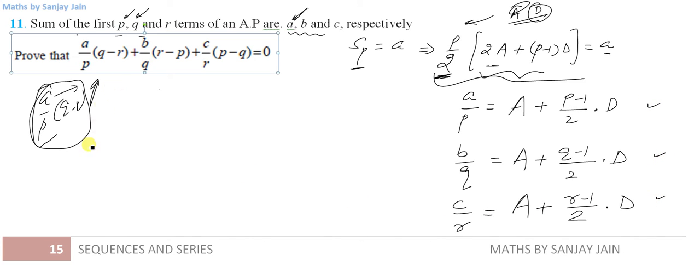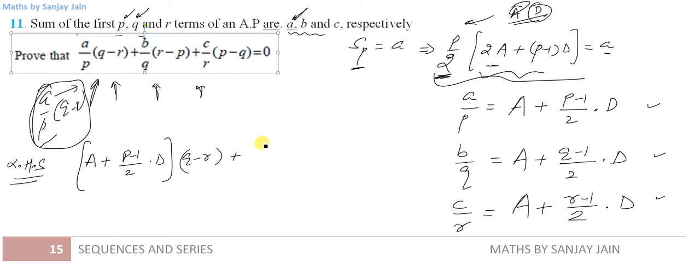What I am going to do is place the value of A by P here, B by Q and C by R. I am looking at the left hand side only. So I am replacing A by P with A plus P minus 1 by 2 into D into Q minus R here, plus B by Q by this expression and C by R by this expression.